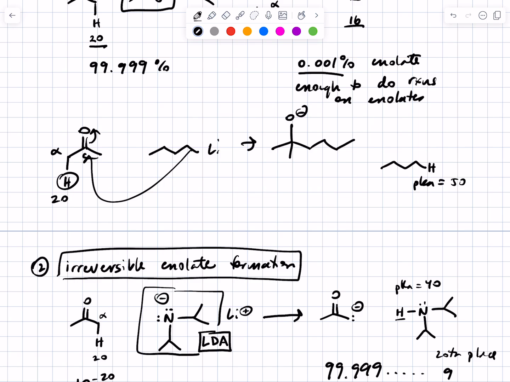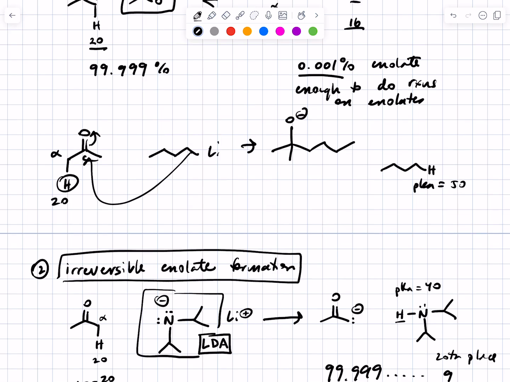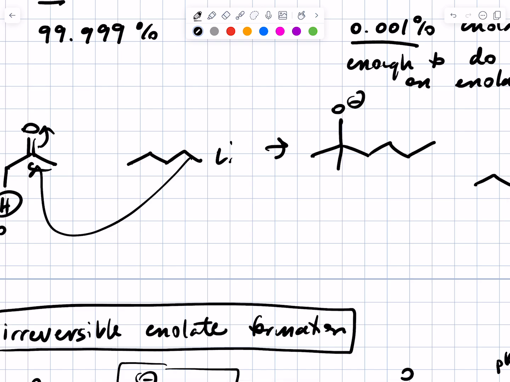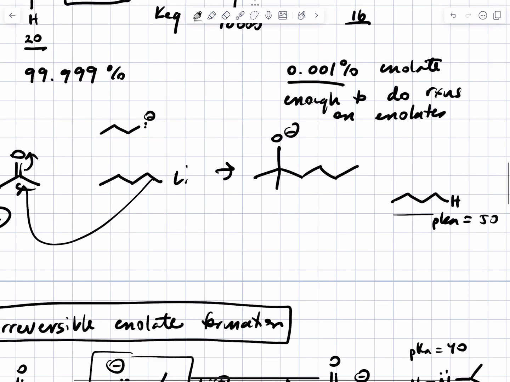Two answers, both of them unsatisfactory. The first one is, I told you that life was more complicated with organolithium reagents than originally. I said you could think of them as carbanions, like this, sort of the conjugate base of this acid. In reality, the carbon-lithium bond has covalent character.